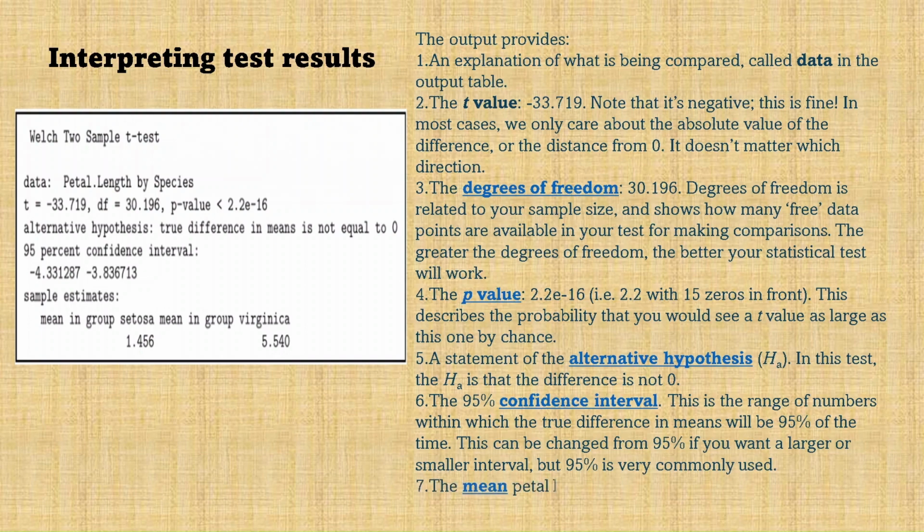The 95% confidence interval. This is the range of numbers within which the true difference in means will be 95% of the time. This can be changed from 95% if you want a larger or smaller interval, but 95% is very commonly used. The mean petal length for each group.